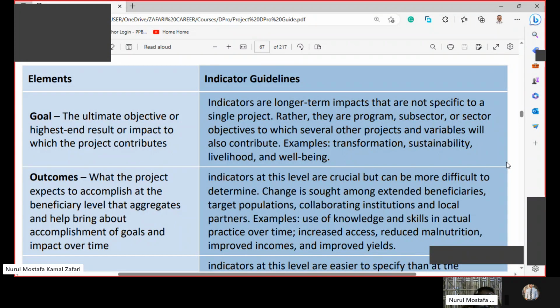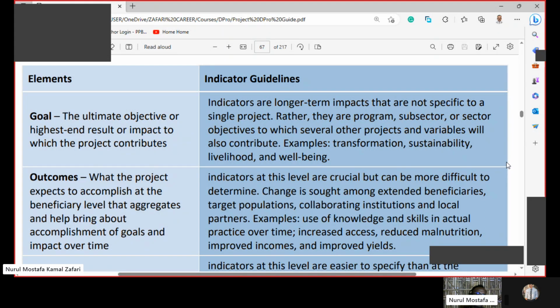So the statements address really and in many cases use the term increased, improved, reduced, these type of terms, and it wants to see the use of knowledge and skills in actual practice over a longer period of time, and it brings kind of changes that can have a long-term impact, and it contributes to the goal level.